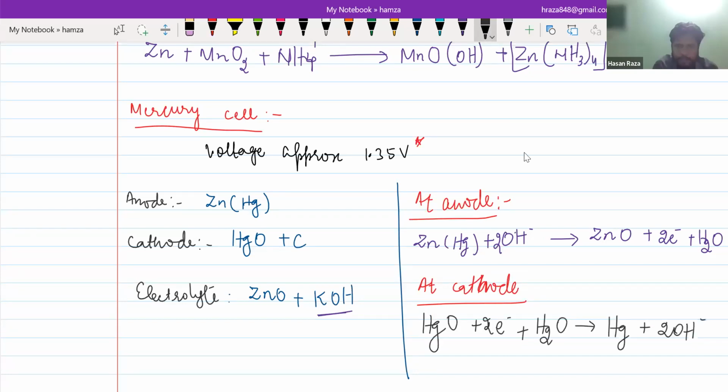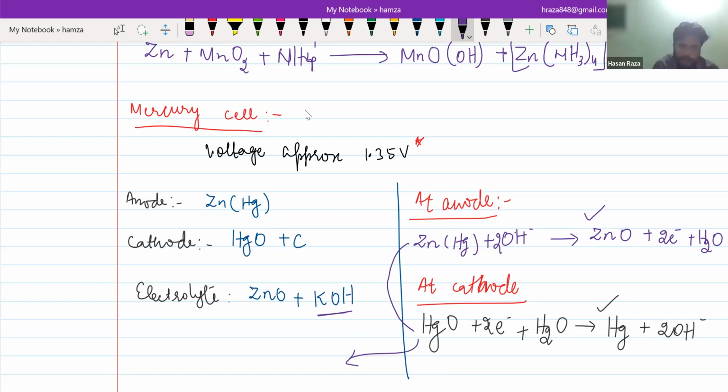So this is the product at cathode, and this is the product at anode. And what will be the net cell reaction? If you add the reaction at cathode and the reaction at anode, you will get the net cell reaction.